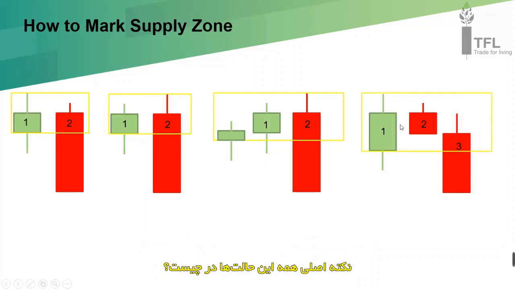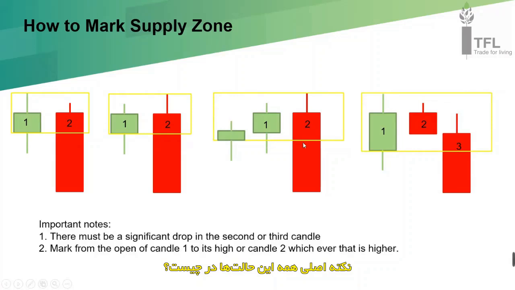What is the main point of all this movement? The important note is that there must be a significant drop, the red candlestick in the second or third candle. Then we mark from the open of the first candle to its high, or the second candle, whichever is higher.